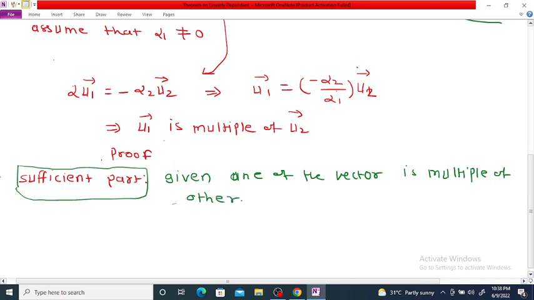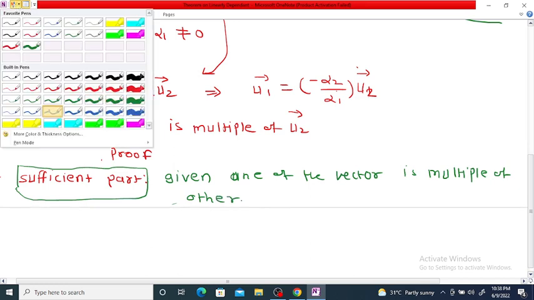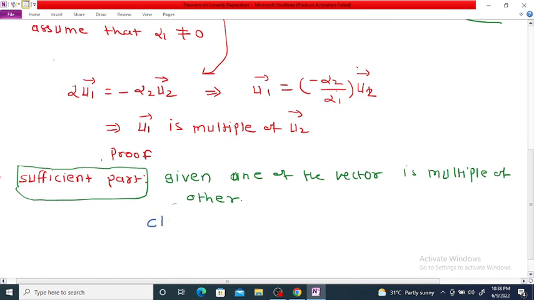Now what is our claim here? We want to prove that u1 bar and u2 bar are linearly dependent vectors in a vector space V.